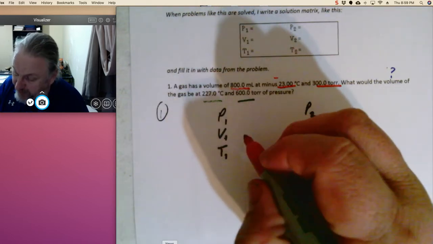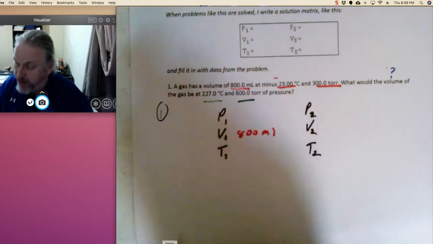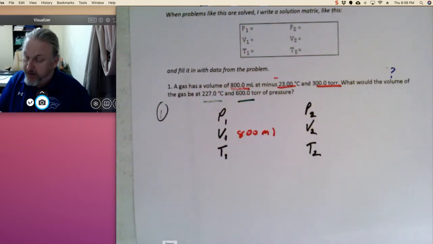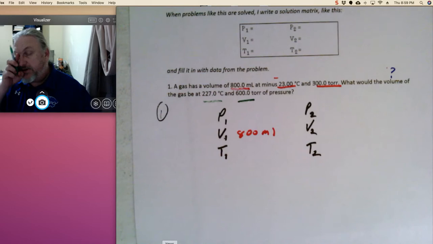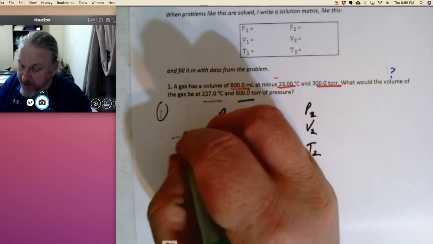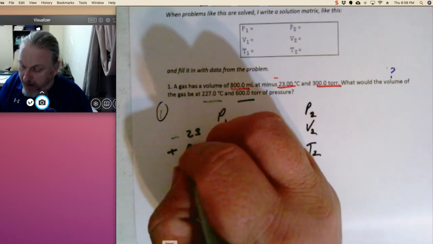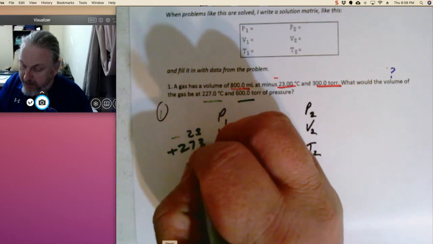Okay, my initial volume is 800 milliliters. My initial temperature is minus 23 degrees C. Now, minus 23 degrees C, I've got to convert to Kelvin. So I'm going to put minus 23, and then I'm going to add 273.